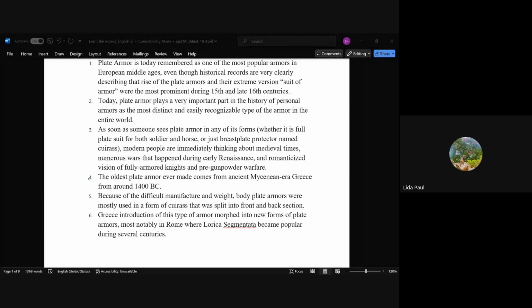All right. Now the fourth one: the oldest plate armor ever made comes from ancient Mycenaean era Greece from around 1400 BC. Which word is the adverb here? Ever, which gives you the adverb of frequency or time, largely called adverb of time.